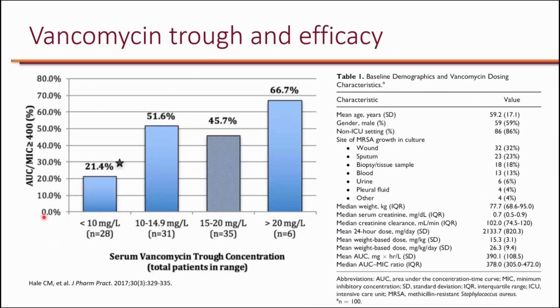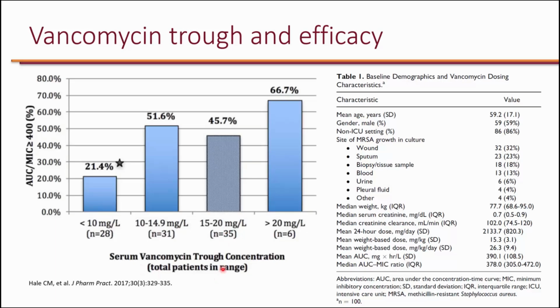And lastly, the old guidelines were targeting 15 to 20 for more severe infections, and I just showed you that 15 to 20 is more nephrotoxic than 10 to 15. So they wanted to see, since we're targeting 15 to 20 for more severe infections, whether 15 to 20 is even more likely to achieve the AUC to MIC of 400 compared to a trough of 10 to 15.